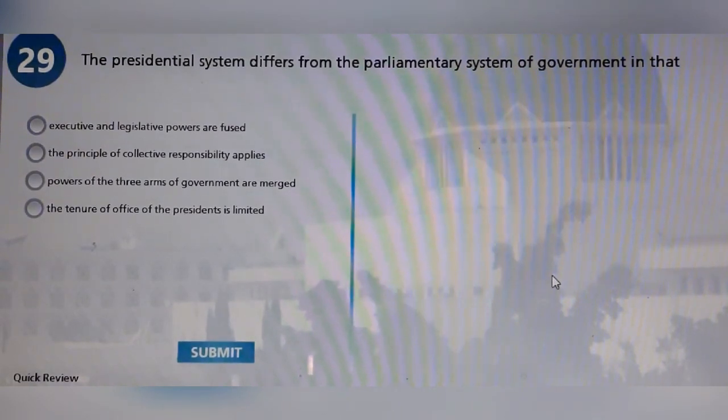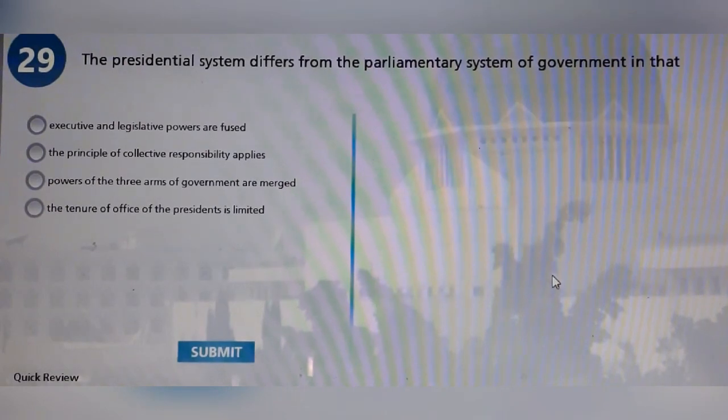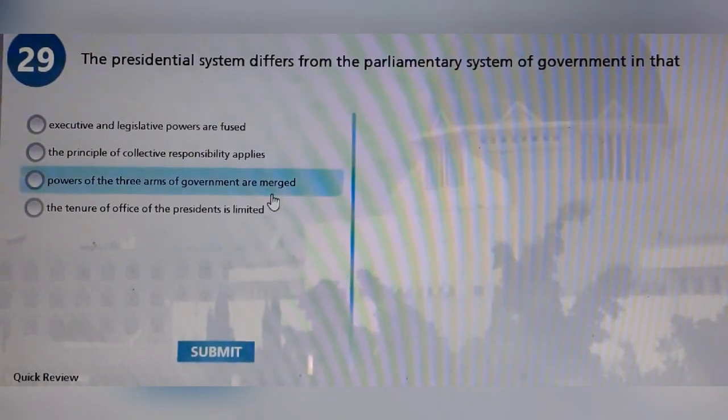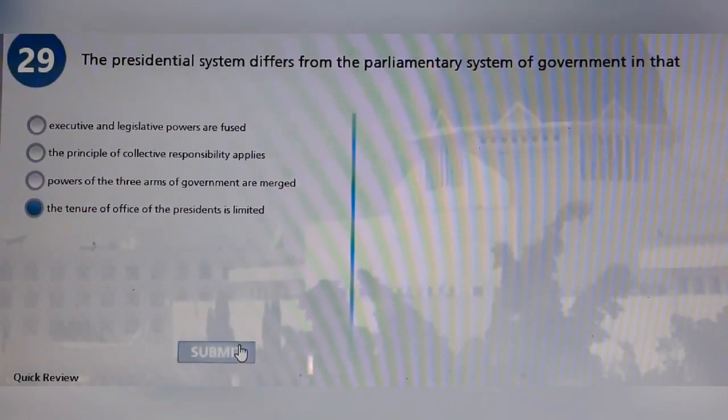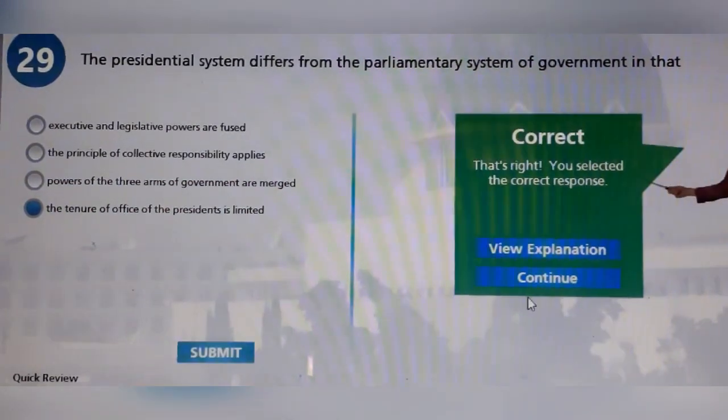How is the presidential system different from the parliamentary system? It's different in the sense that the tenure of the office of president is limited to 4 years. While in the parliamentary system of government, the tenure of office is not specified for the head of government or the head of state. So that is a major difference.